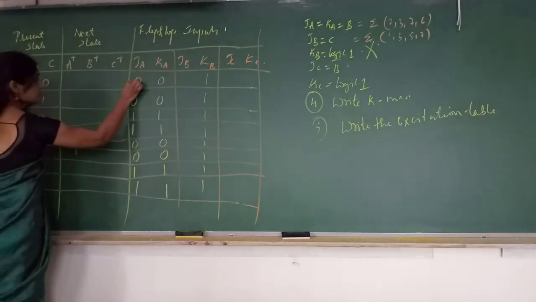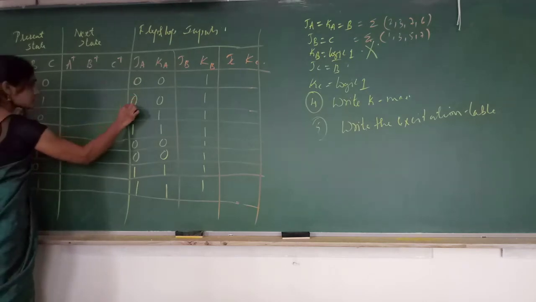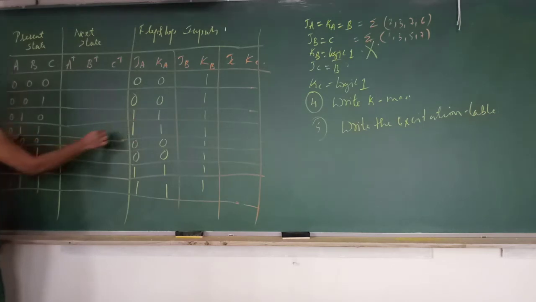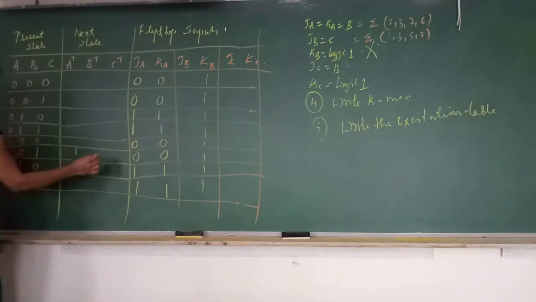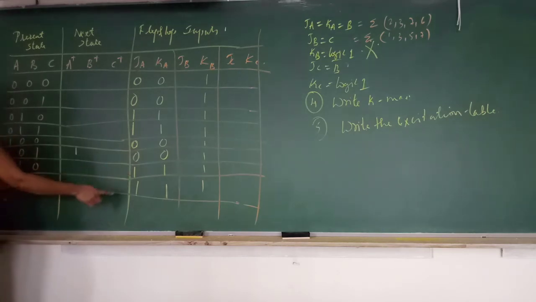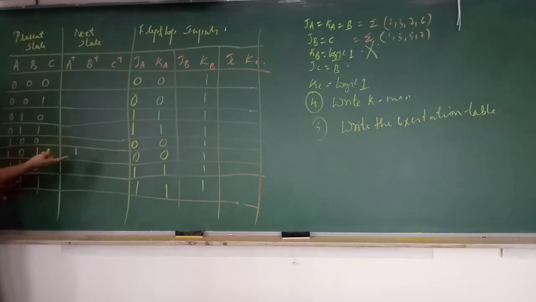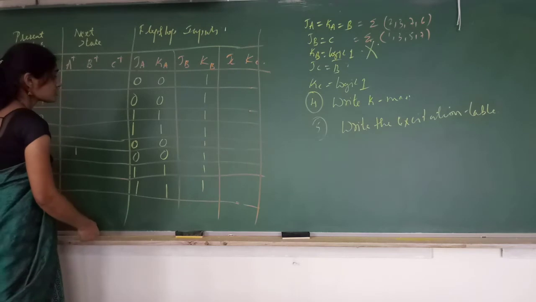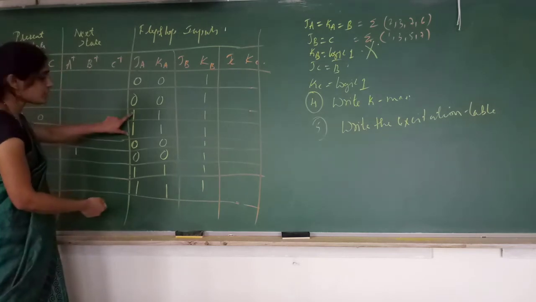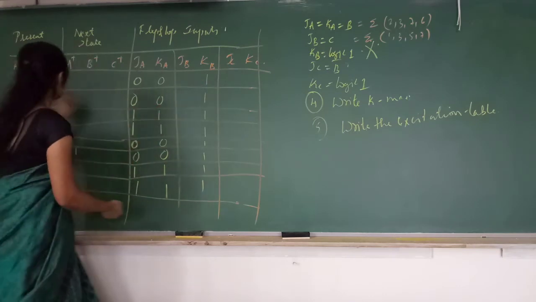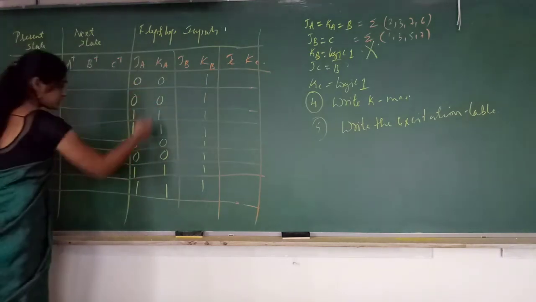B is 0, 0, 0, 0, 1, 1, 1, 1, 0, 0, 0, 0, 1, 1, 1, 1. We still have not written the K-map. We are writing JA in this column by looking at the equations. Now just check. Do we have the same min terms 2, 3, 7, 6? Correct now? So KA is what? KA is again B. So whatever B you have, you write it here.